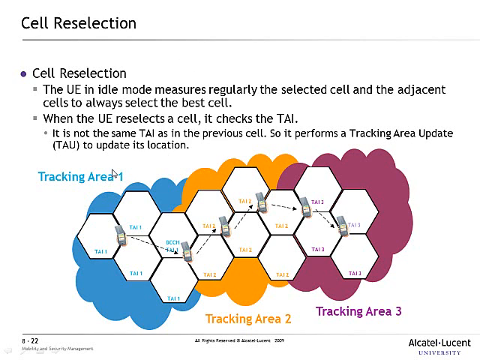Okay, tracking area update is a procedure by which the UE, again, when you do a tracking area update, you need to move from the idle state to the connected state, because you've got to establish a signaling bearer with MME, and a tracking area update is then performed.